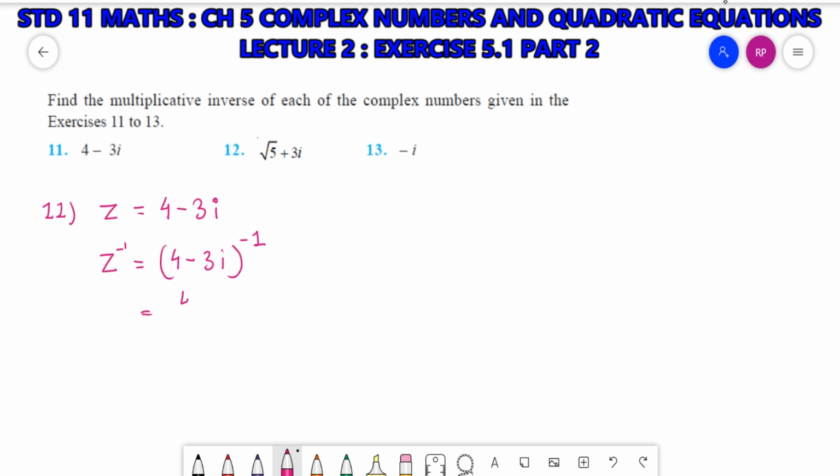This will be equal to 4 upon 4 square plus 3 square, we need to change this sign, plus 3 upon 4 square plus 3 square into i. So this will be 4 upon 16 plus 9, that is 25, plus 3 upon 25 i, or (4 plus 3i) upon 25. This was question number 11, so just note it down.